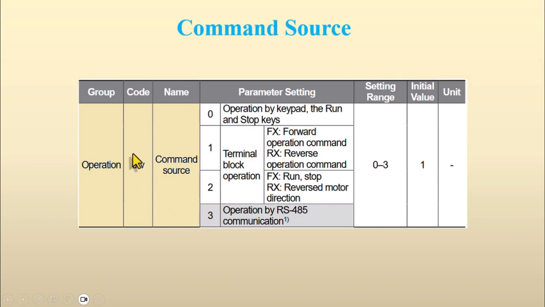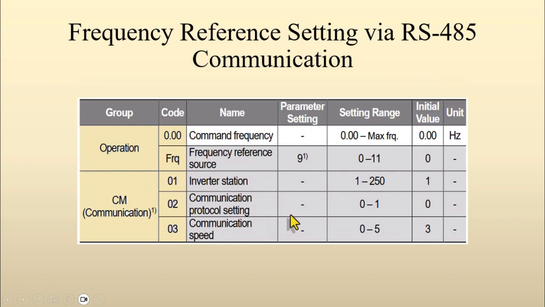If we set the DRV parameter to 3, our start, stop, or command source will be through the RS-485 network. But for frequency setting, in order for our frequency reference on the M100 inverter to be through the RS-485 network, you need to set the FRQ parameter in the same main group to the value 9.